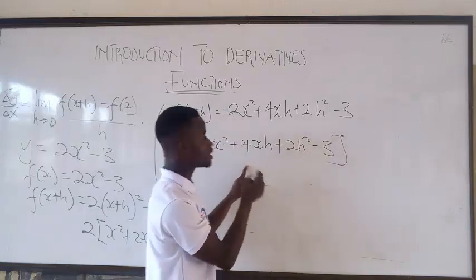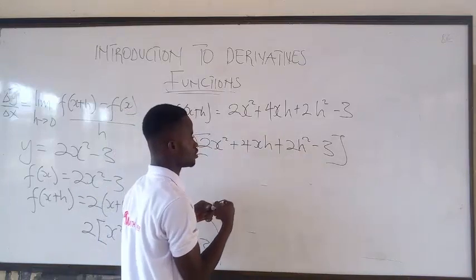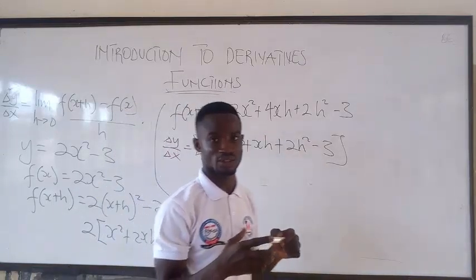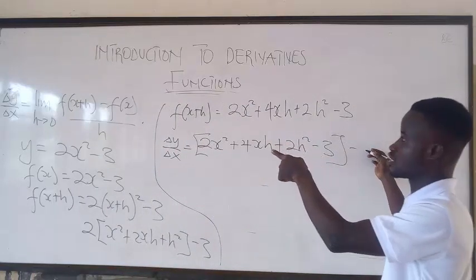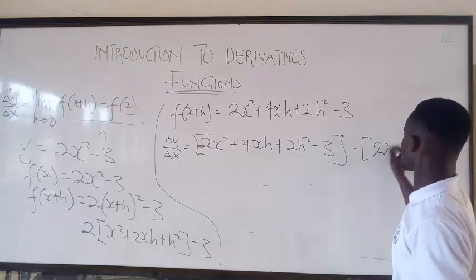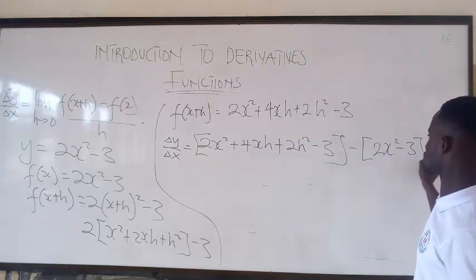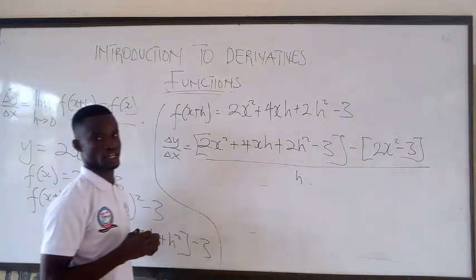But then you know, it has to be in what? A bracket. So always put it inside what? A bracket. Then the f of x. You know the f of x from the question to be 2x squared minus 3. So the whole of this is over h.